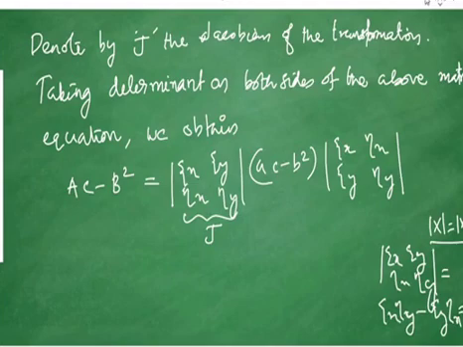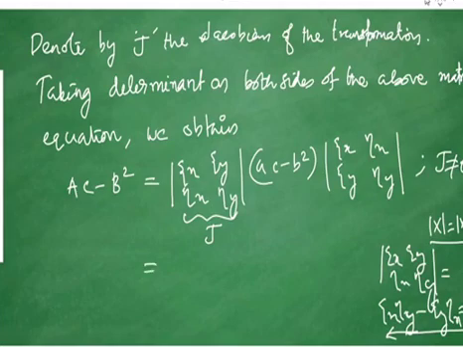And we know that the transformation is a non-singular change of coordinates. Therefore, the Jacobian never vanishes. That means J is not equal to 0 for every x and y in the domain.